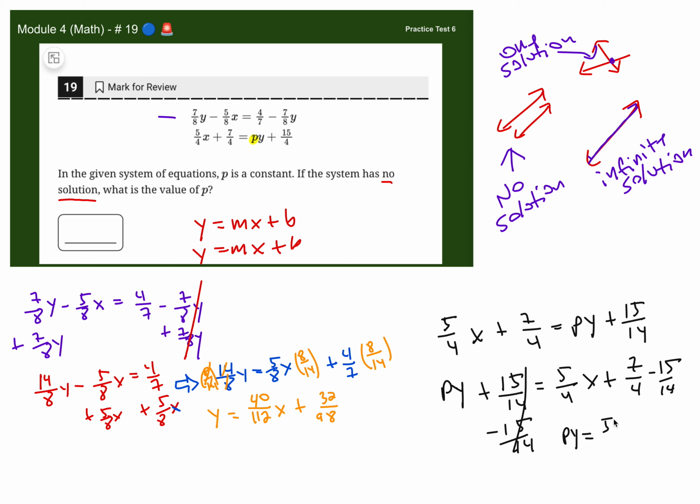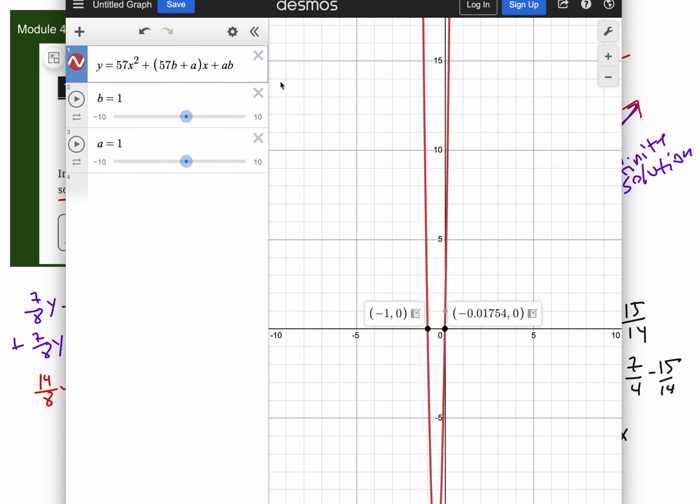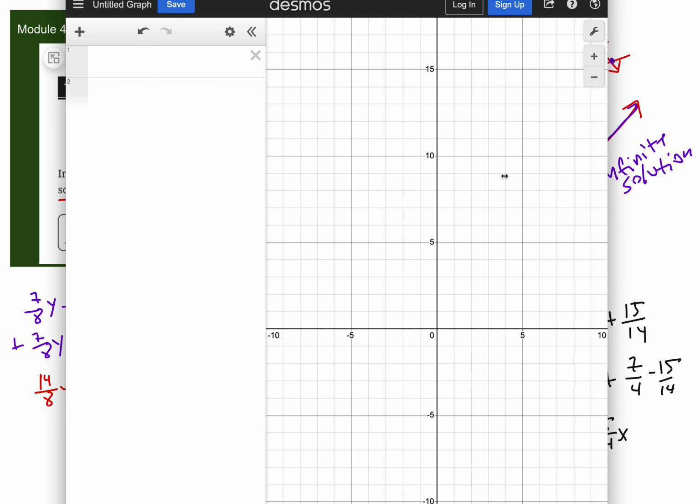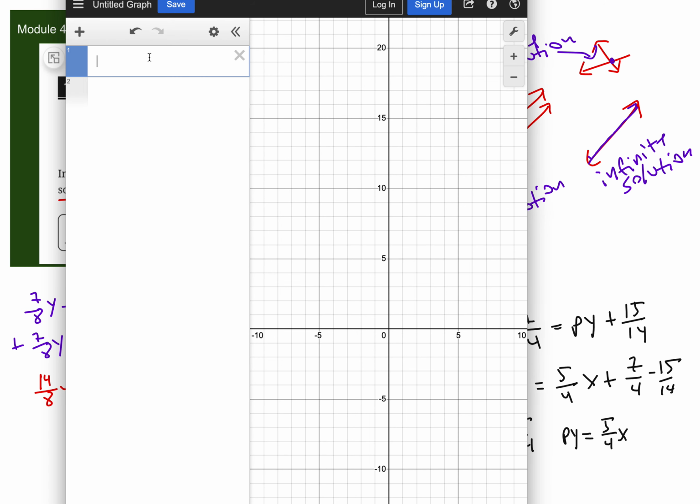And we get py equals 5 over 4x, and you can have your TI-84 or your Desmos calculator do those common denominators for you. So I'll just go 7 over 4 minus 15 over 14.